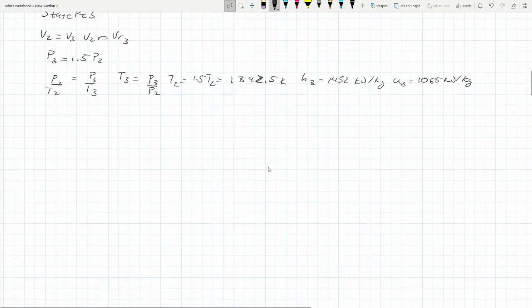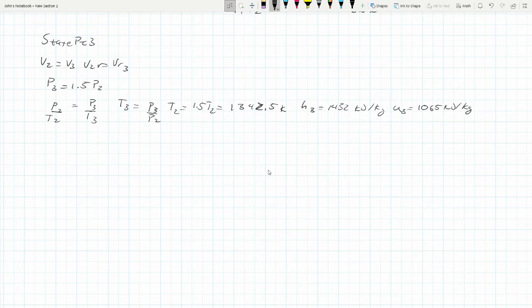What's next? State point 4. Well, same pressure, so P3 equals P4. V3 over T3 is equal to V4 over T4. T4 over T3 is equal to V4 over V3, which we know is 1.2 because we're given that in the problem.